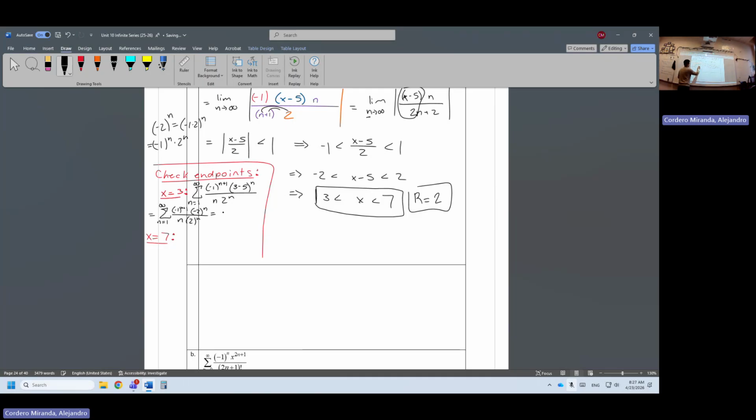So let me write that as the series of negative 1 to the n plus 1 times negative 1 to the n times 2 to the n over n times 2 to the n.